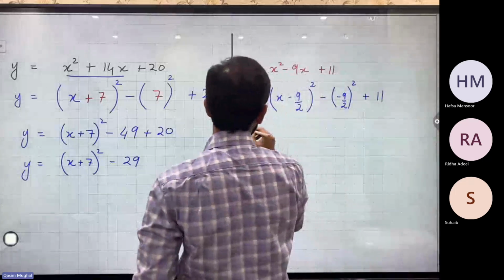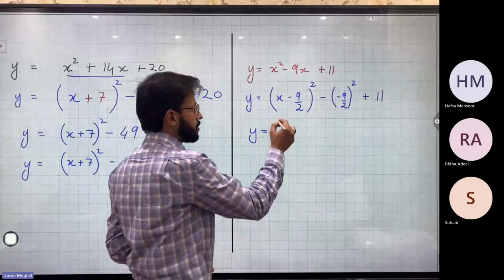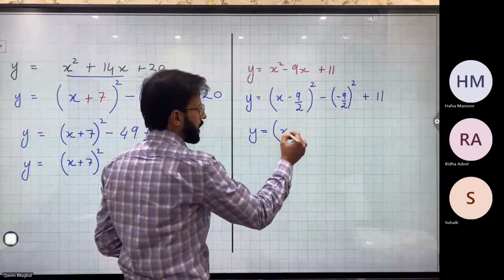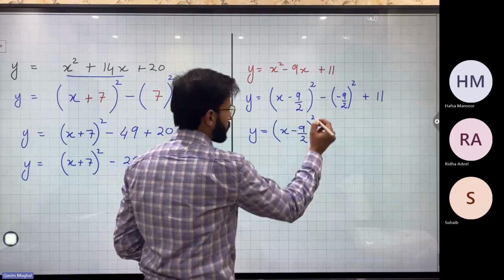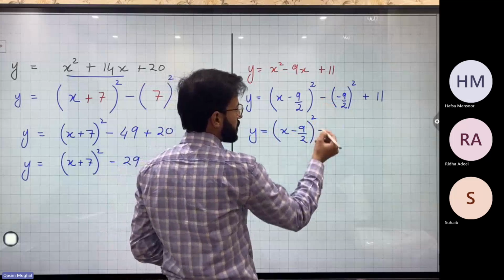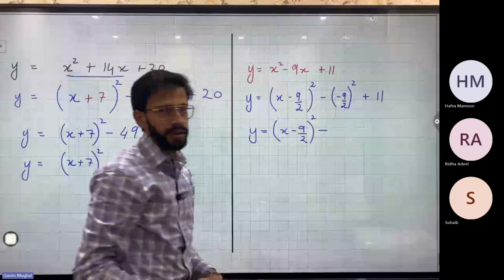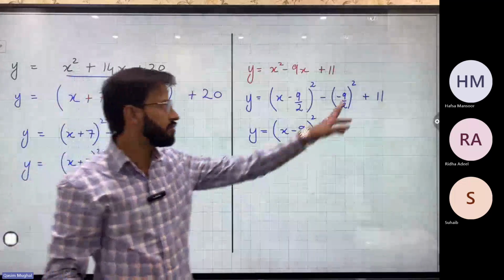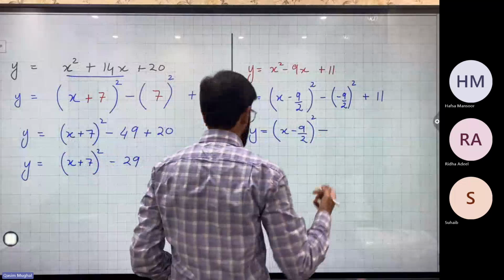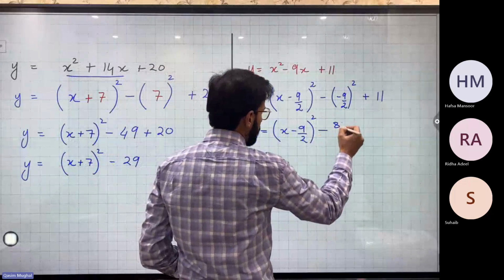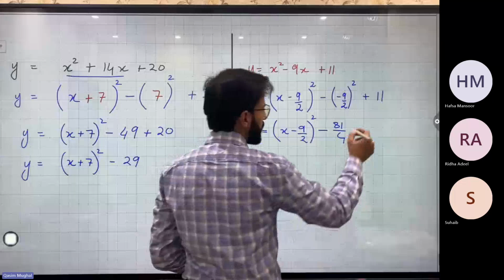Now I'm going to simplify this, which leaves me with y equals x minus 9 by 2 whole squared minus, now this is a negative term inside the square. Whenever you have an even power of a negative number, it eventually gives you a positive number. So it is going to be 81 over 4, and the minus stays as minus.